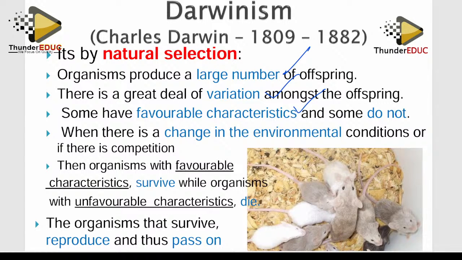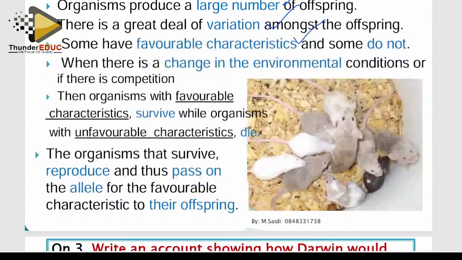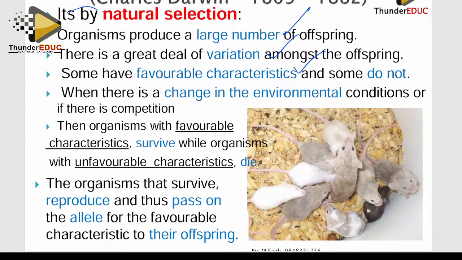So when there are environmental changes, those with favorable characteristics will survive, and those with unfavorable characteristics will die. You understand? And then the organisms that survive reproduce and pass on their favorable alleles to the next generation, the offspring. So that's what they are trying to get. They wanted exactly that, without change.